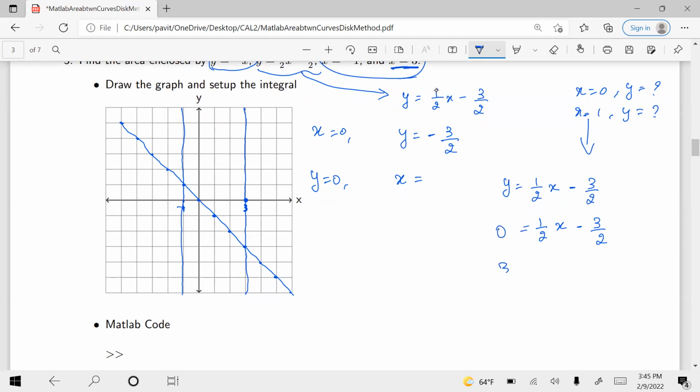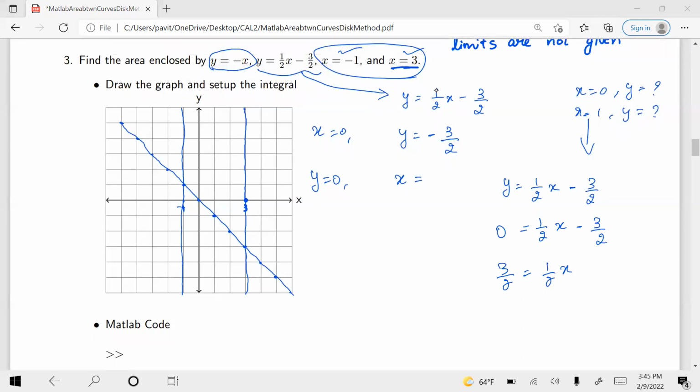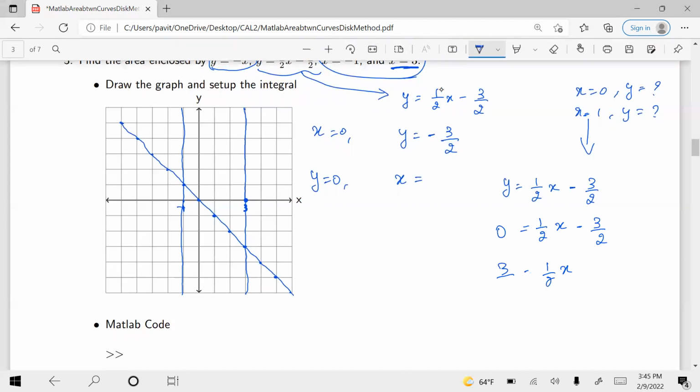This is 0. So this is 3 half, and half into x. Alejandra, that was right. Alejandra gave me a right answer, where x is 3.